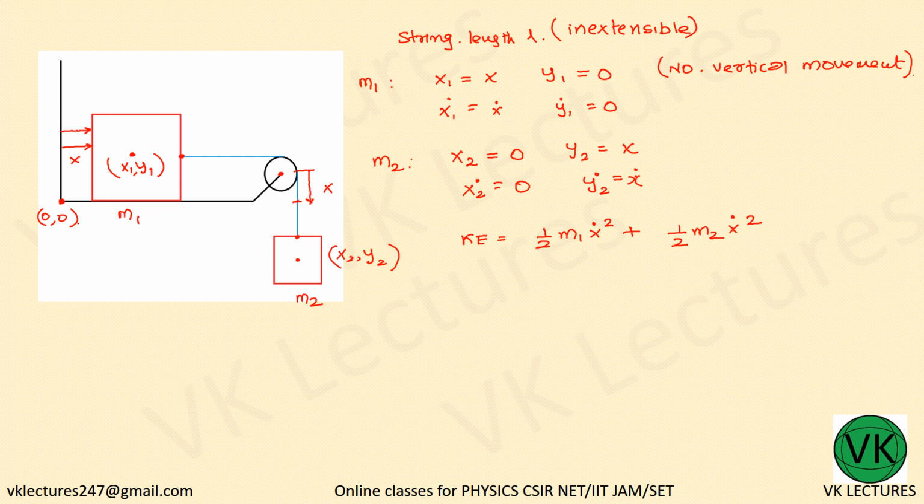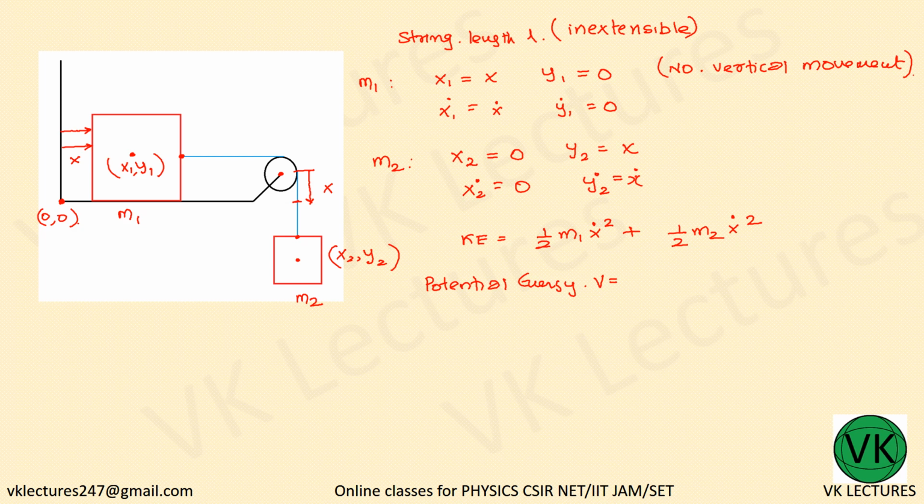Now considering the potential energy, V is equal to, now for m1, since it doesn't have any displacement along y, it's purely gravity, so there is no potential here.